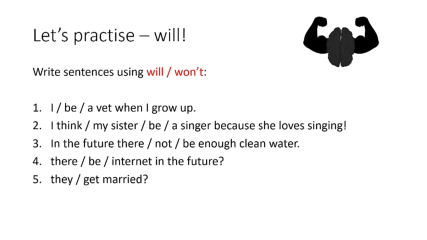Write sentences using will or won't. So make your predictions. Pay attention if you need a negative sentence. So if you need won't, there is the word not in the sentence. Okay, let's do it.